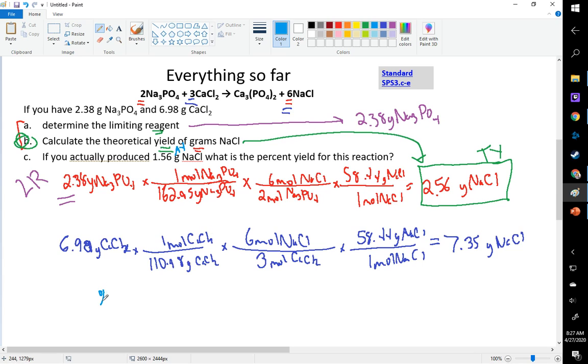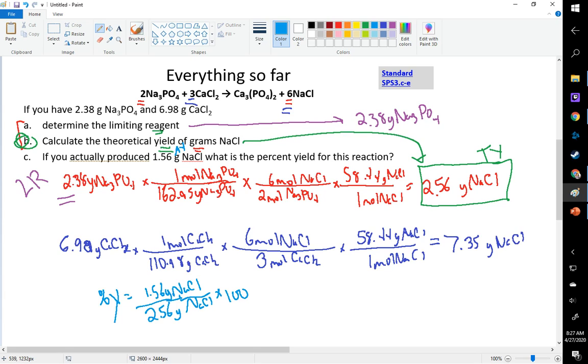So percent yield is my actual 1.56 divided by my theoretical, my calculation, sodium chloride. I would still encourage you guys to write this to make certain you're dividing the right substances, because percent yield, we're having to look at a product.